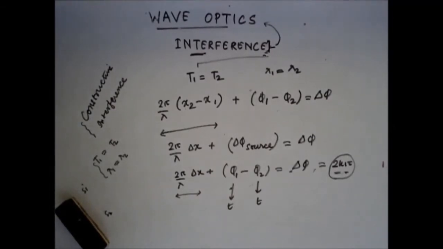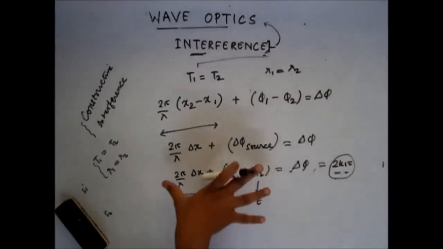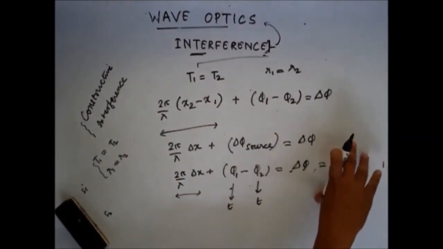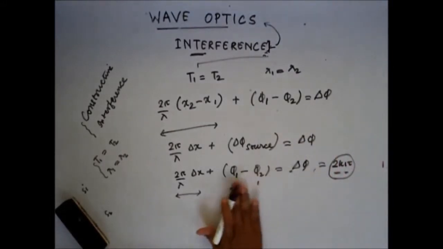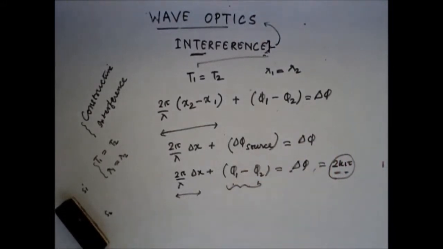So in that case I also don't get a prominent constructive interference pattern, because on this side we have something which is constant, so this should also be a constant. And how can I make this difference constant? I can do it by using what is called a coherent source.